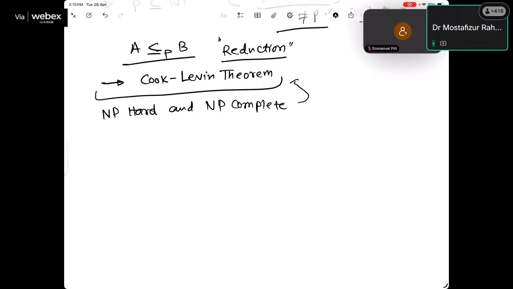Then we'll come back to this theorem, to how we can reduce this kind of problem to a solvable problem. I'm writing the formal definition first, then I'll give another definition which is easy to remember.